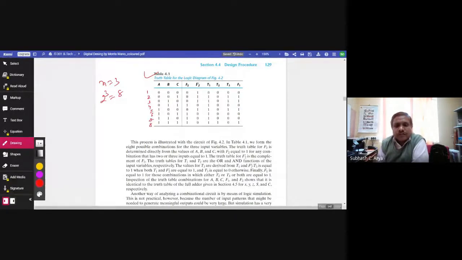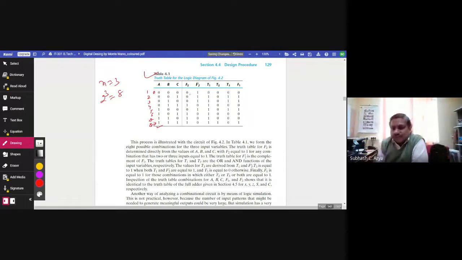So a total of 8 combinations are there. With the help of 3 variable inputs, we can write all combinations like 0, 0, 0, 0, 0, 1, 0, 1, 0, up to 1, 1, 1. Number wise, it will go in decimal from 0 to 7.